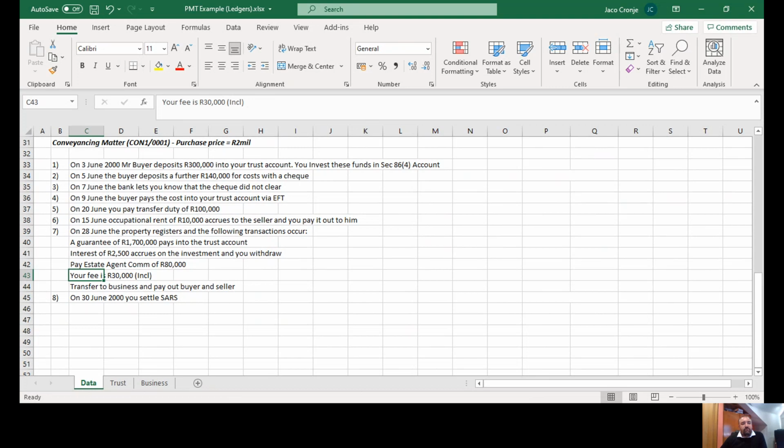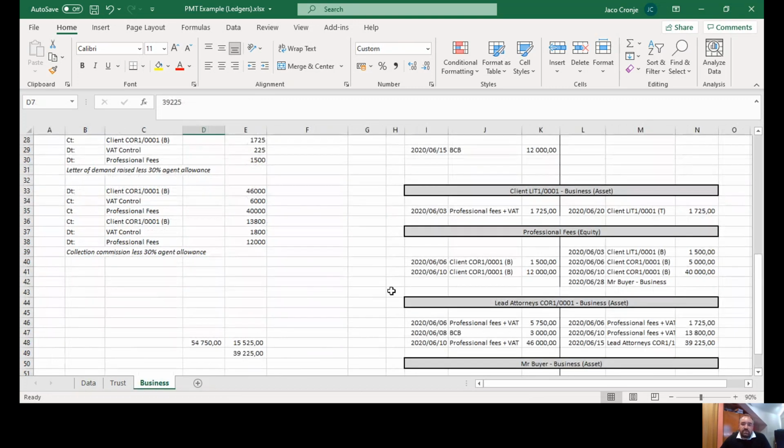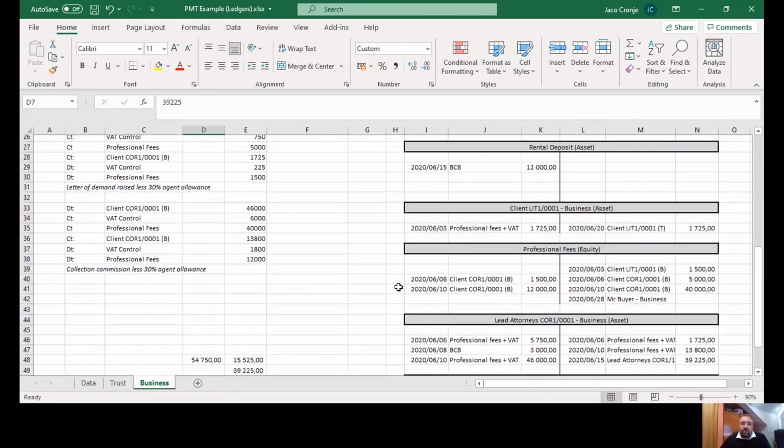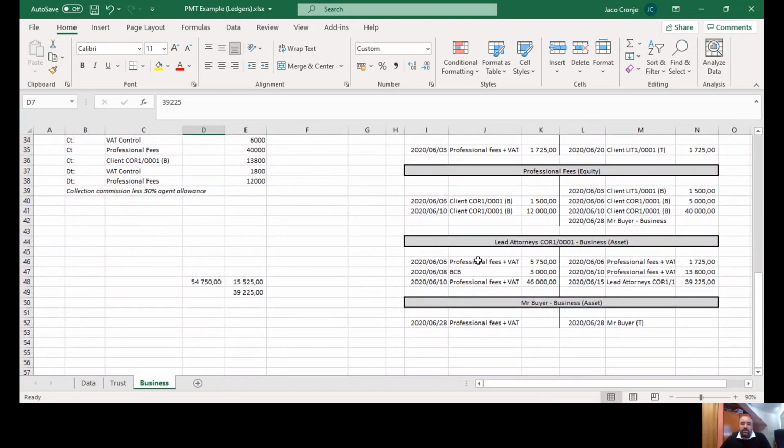Now, my fee is 30,000 rand. Okay, now, what do you know with a fee? Is a fee a trust transaction or a business transaction? The answer is it's always a business transaction. So on the business side, I now need to go and reflect this fee.